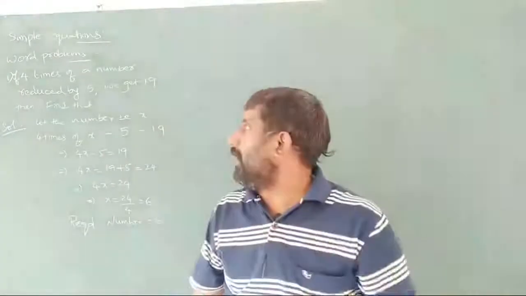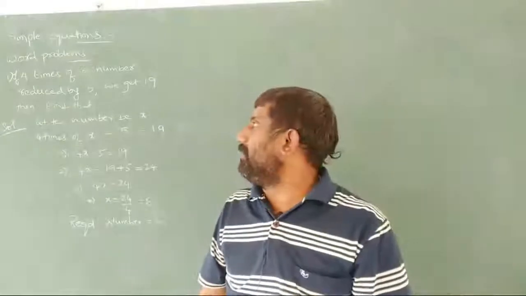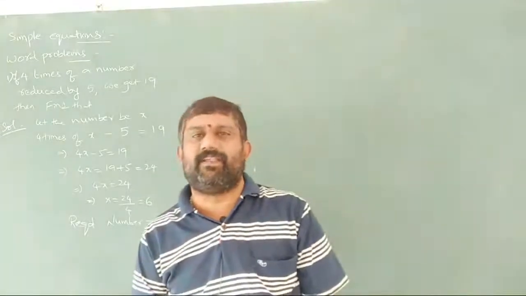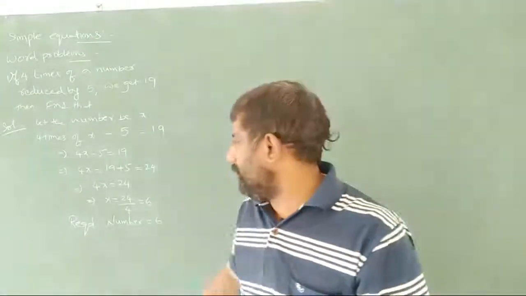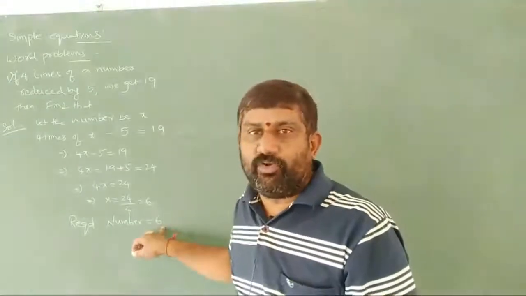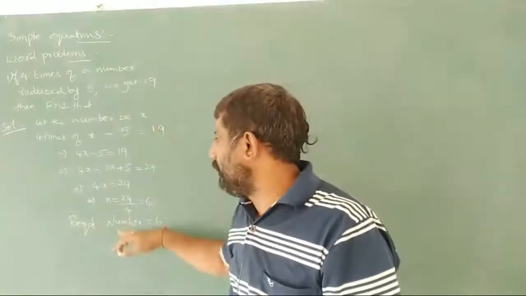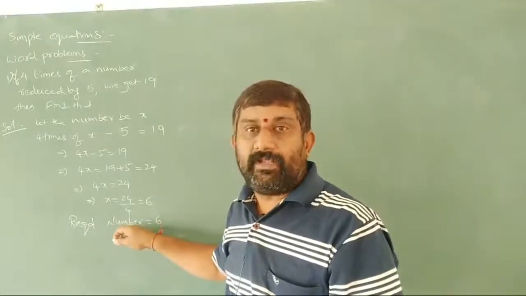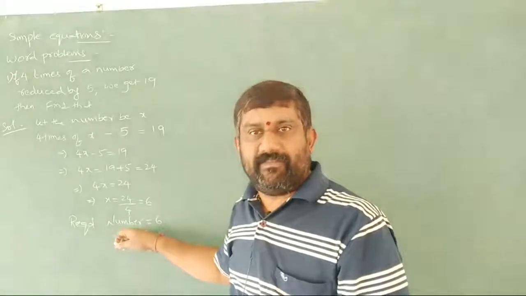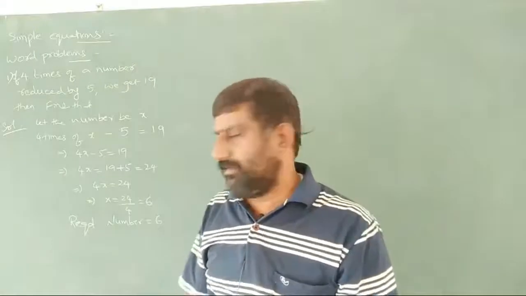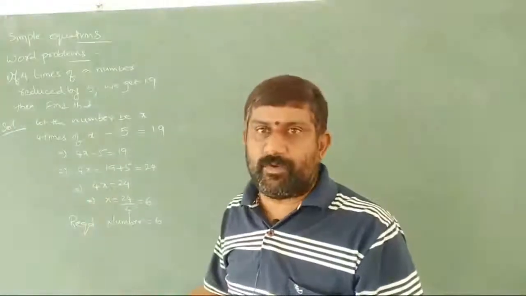What is given? When a number is made 4 times and reduced by 5, then we get 19. This is a very simple problem. Observe here, 4 sixes are 24, 24 minus 5 is 19. So simply we can say the answer we got is right. 4 times of x reduced by 5, nothing but 4x minus 5, and it is giving 19. We are getting 6. So this is the first problem we took here.